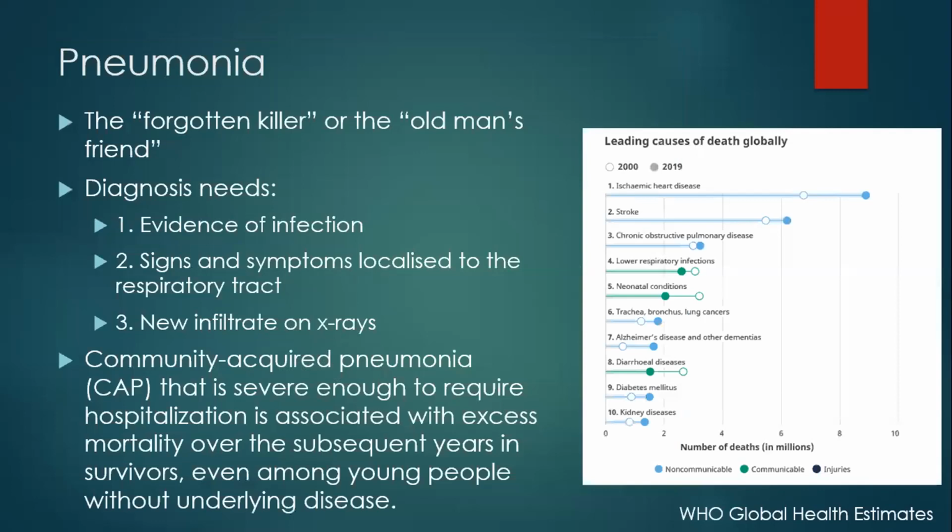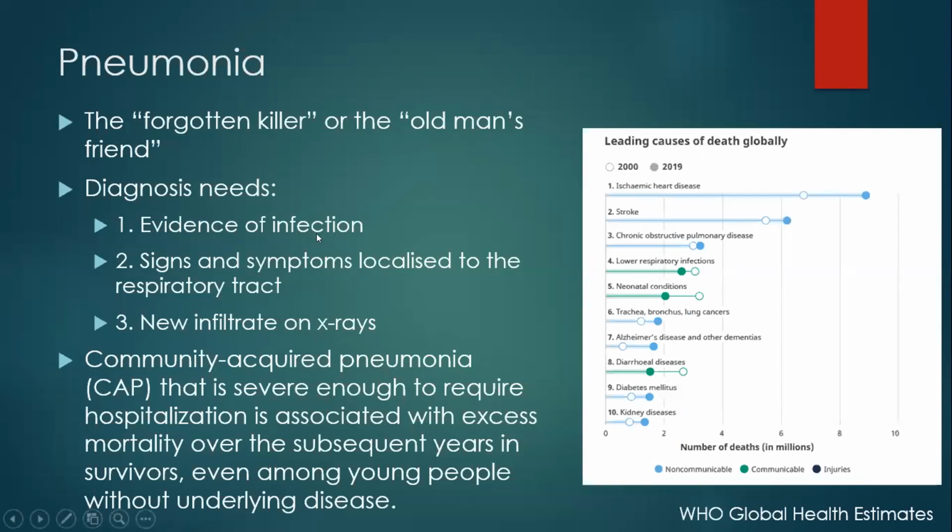So to move on to the money when it comes to respiratory tract infections in a hospital environment, here we're talking about pneumonia, often called the forgotten killer or the old man's friend. You can see here, it's the 4th leading cause of death globally. So in clinical trials and to make the diagnosis, we need 3 things.